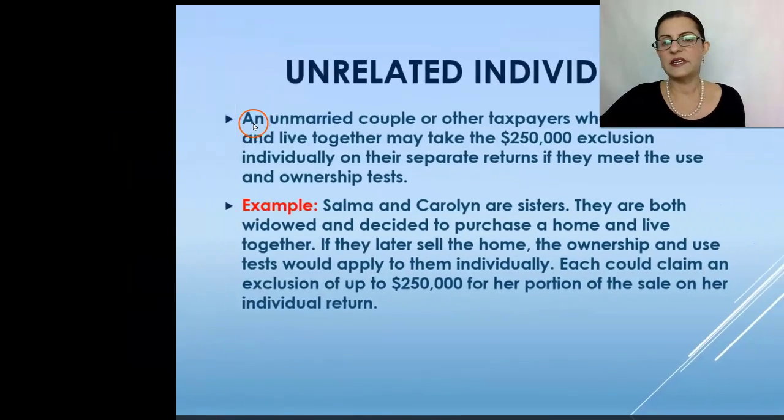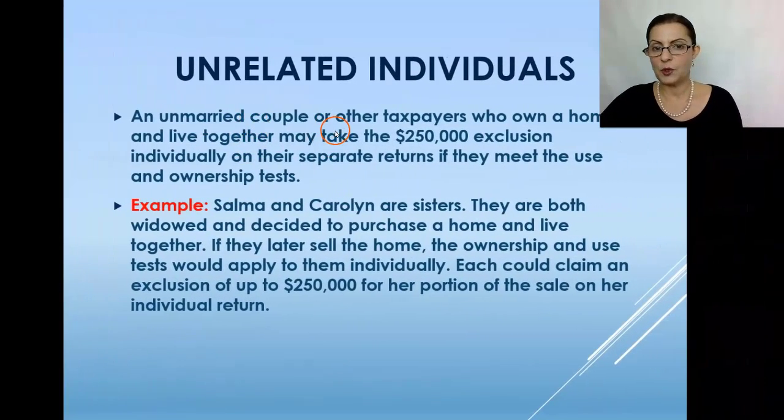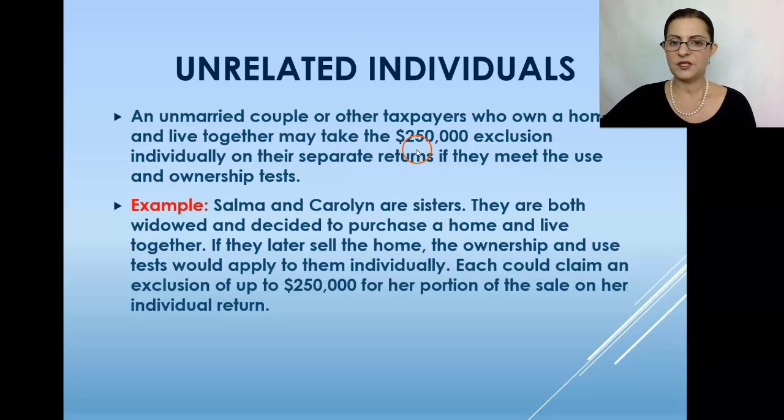Now, unrelated individuals, an unmarried couple or other taxpayers who own a home and live together may take the $250,000 exclusion individually on their separate returns if they meet the use and ownership tests. So a lot of times you'll have people who are an unmarried couple that own a house together, or even people who are not a couple who are related to each other, like sisters or brothers, or even just friends that own a house together.